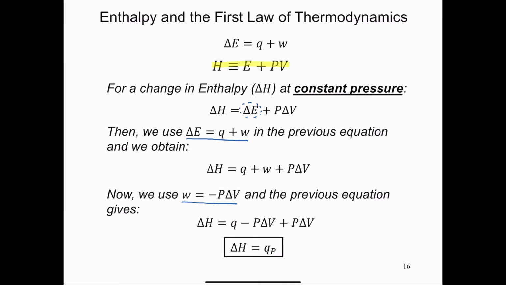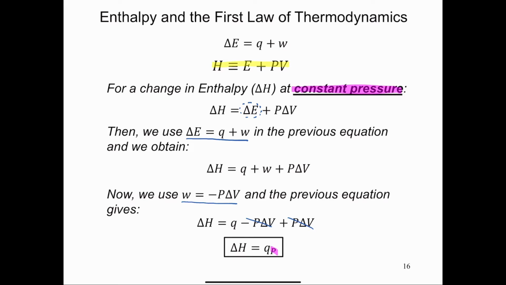And when I plug that into the formula, I get that delta H is equal to Q minus P delta V plus P delta V. So you can see that your two P delta V terms cancel out and you get that the change in enthalpy is equal to the heat at constant pressure. That's what this subscript P stands for, constant pressure.